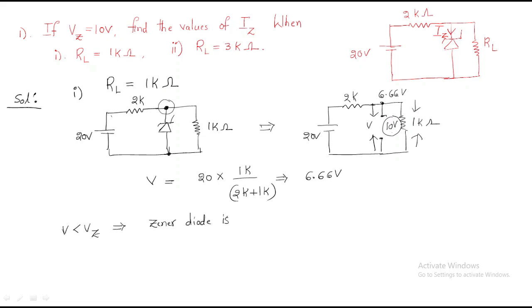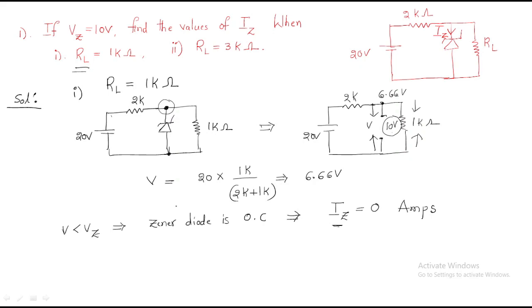Whenever the terminal is open circuit, automatically the current flowing through the Zener diode is 0 amps. Understand?